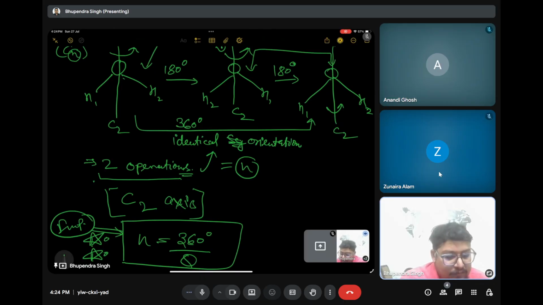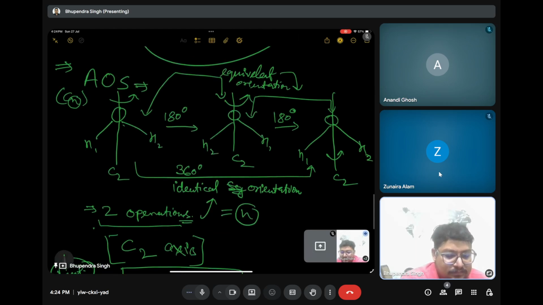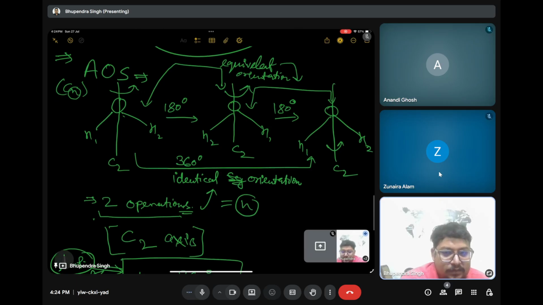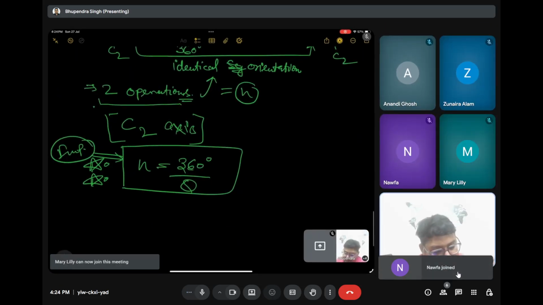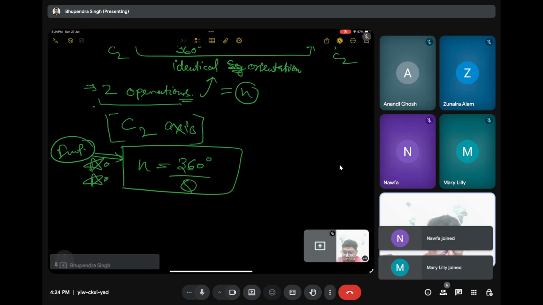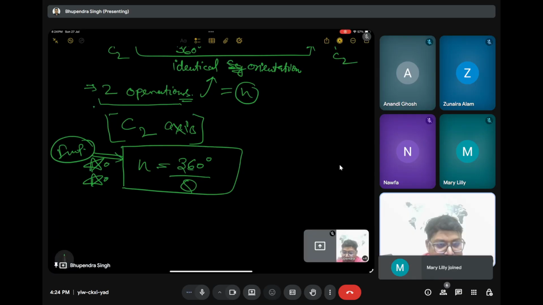Then you really don't need to see how many times you have to rotate or how much angle is required. If you know the angle at which you are rotating your molecule, you will get to know the axis of symmetry.